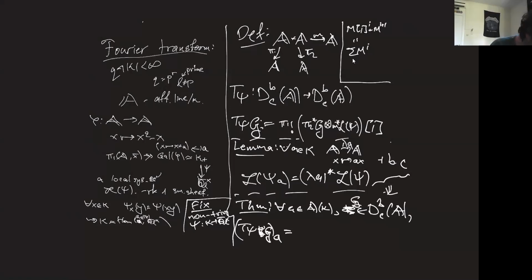So the stalk of the Fourier transform of G at the point a is, we said, we don't write this here. Let me only write this here anyway, if you may. So this should be something like this.